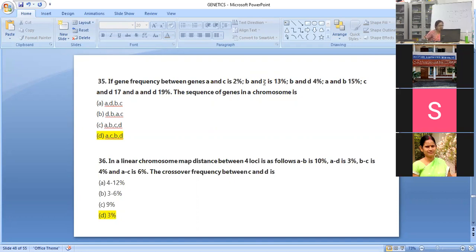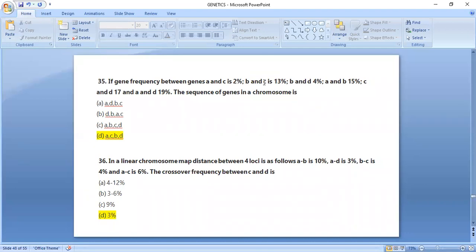Now, in a linear chromosome, map distance, so crossover... your speaker is not working properly. Check my speaker. Speaker is not working properly. Meeting audio may not be fully recorded.